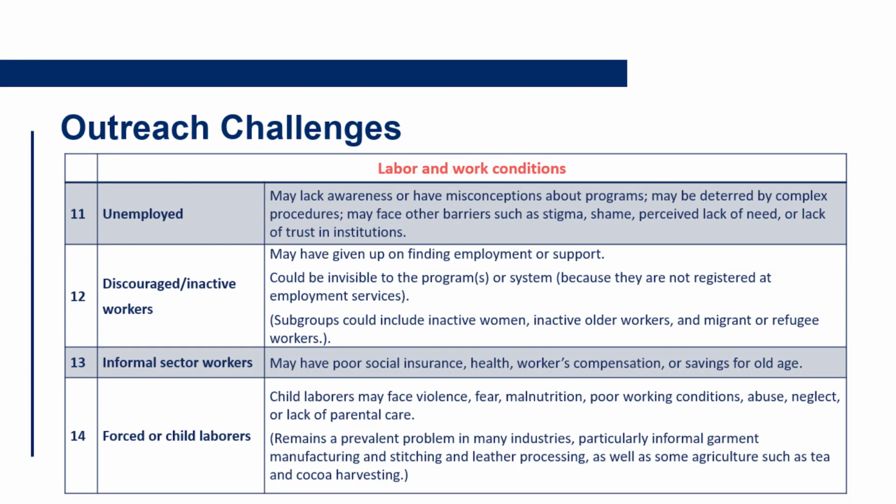Then, if we see from the lens of labor and work conditions, we have these groups of unemployed, discouraged, inactive workers under shadow or no employment, then informal sector workers with poor social insurance or health or compensation or savings for old age, and also forced or child laborers.